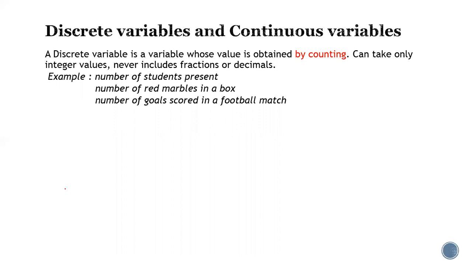So discrete variables do not include fraction numbers or decimal numbers. For example, number of students present in a day in a classroom, number of red marbles in a box, number of goals scored in a football match. Now that is the example of discrete variables.